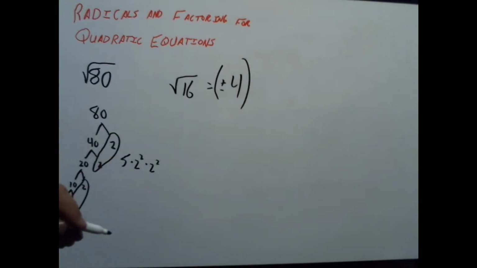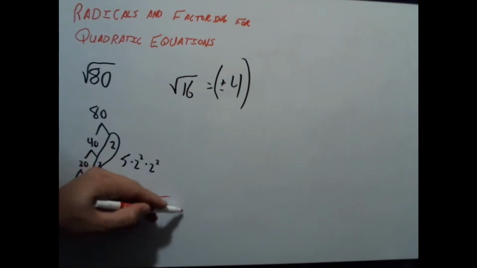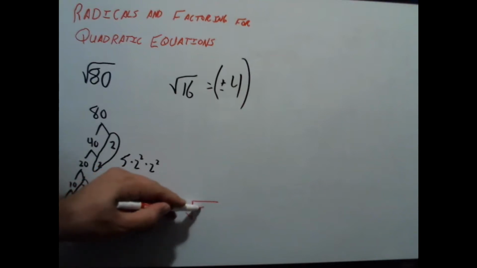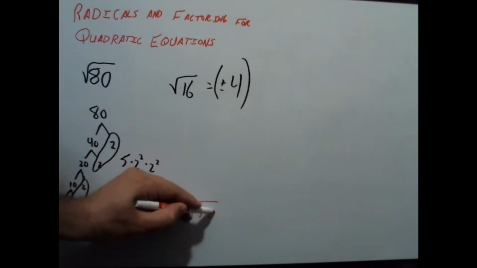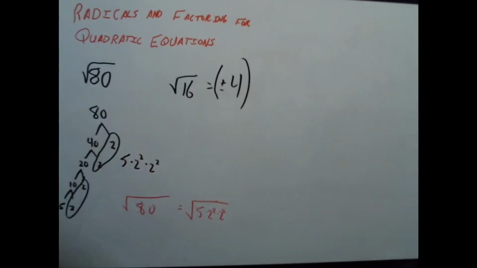So if I illustrate that a bit further, I'll have radical 80 equals 5 times 2 squared times 2 squared. And I can pull square numbers right out of the radical.